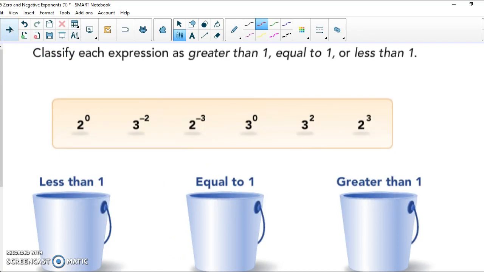So let's take a look at some of these expressions and see if we can classify them as greater than 1, equal to 1, or less than 1.